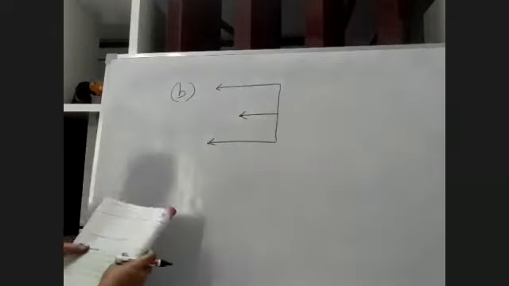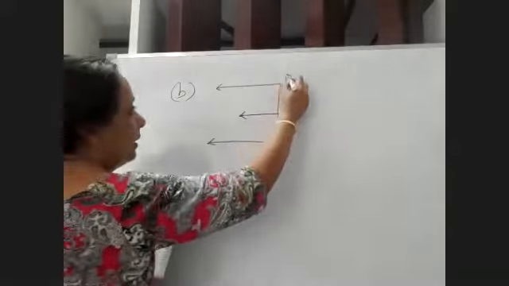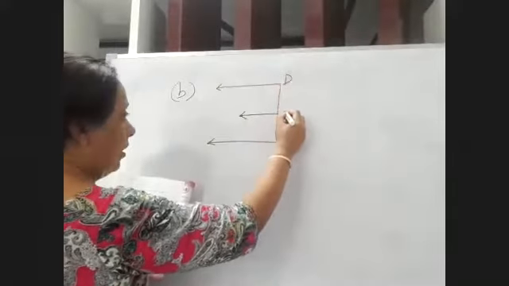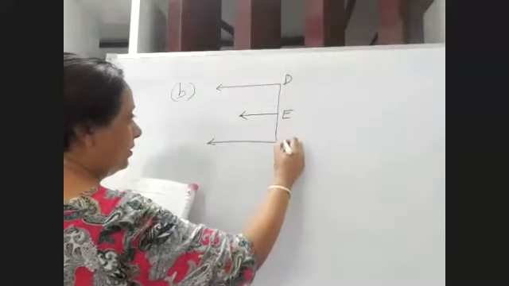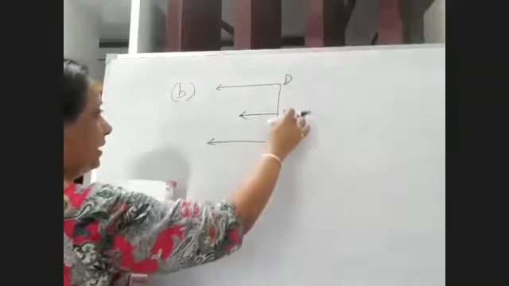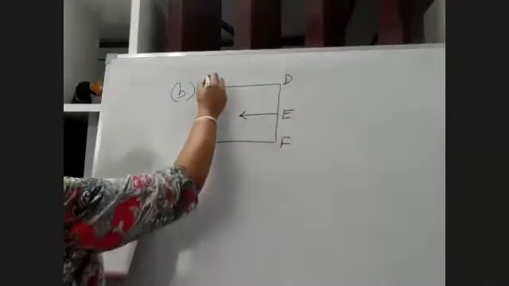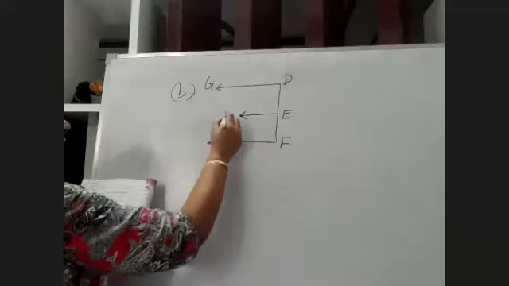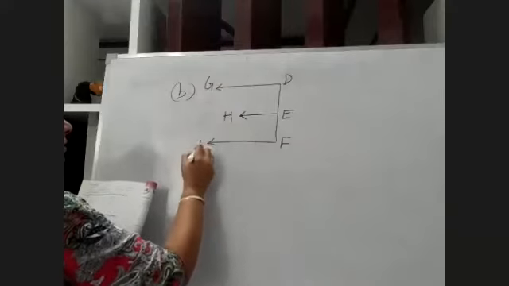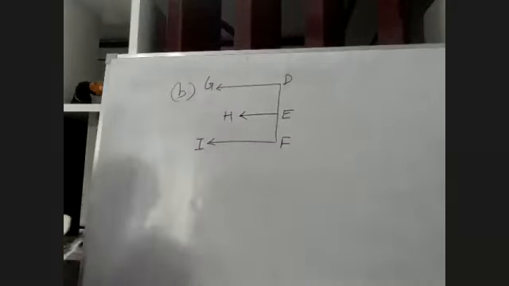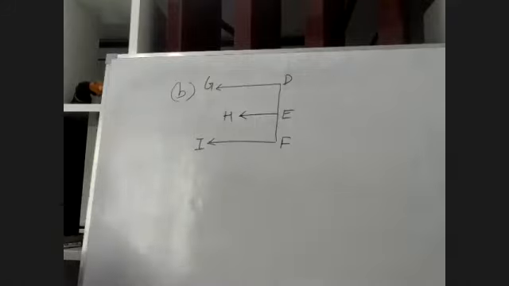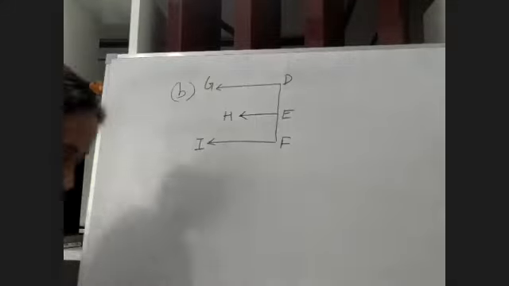And the points are D, E, and F. D, E, F. And these points are G, H, and I. Now, identify line segments and rays in this figure.